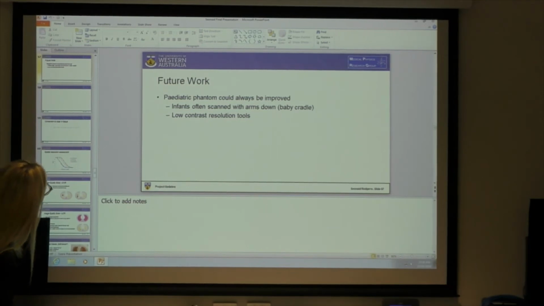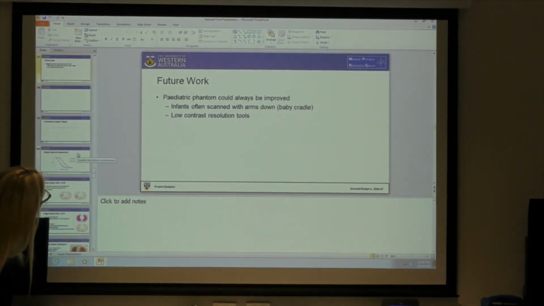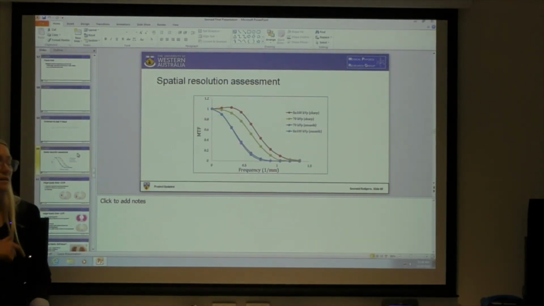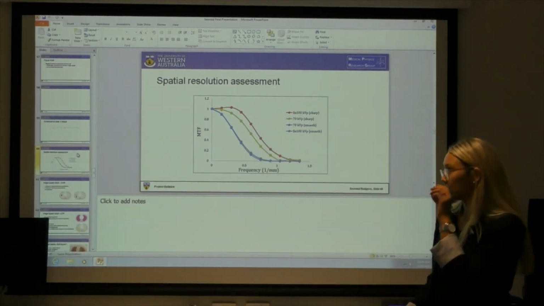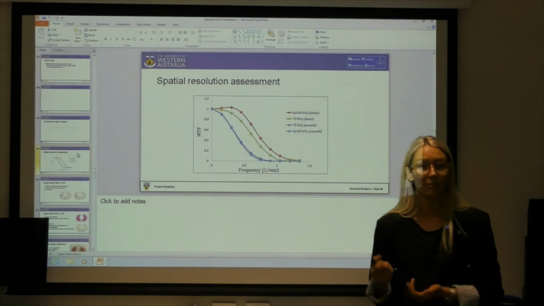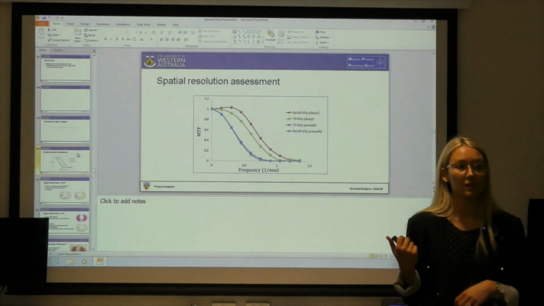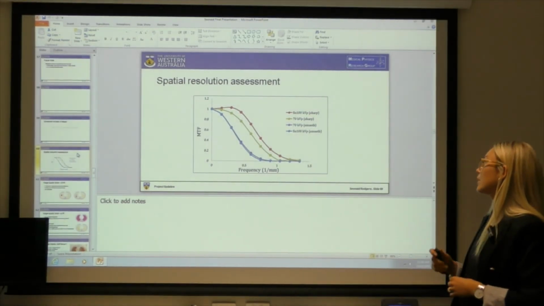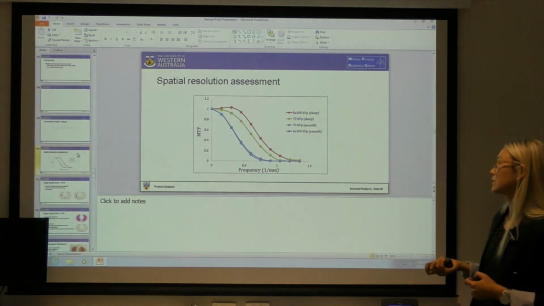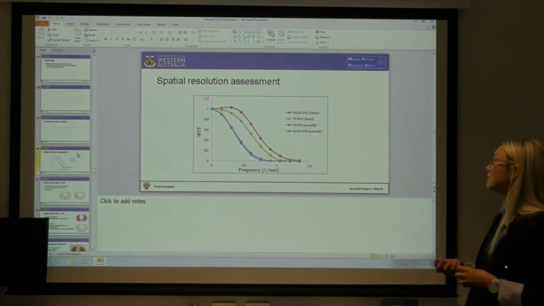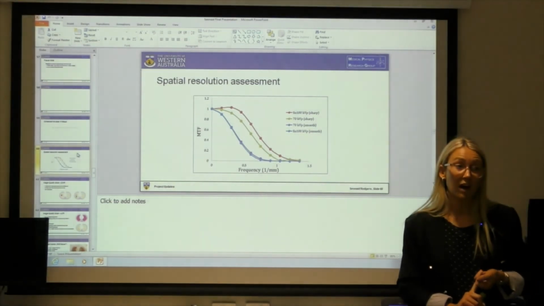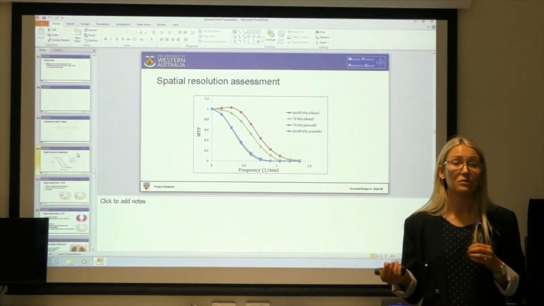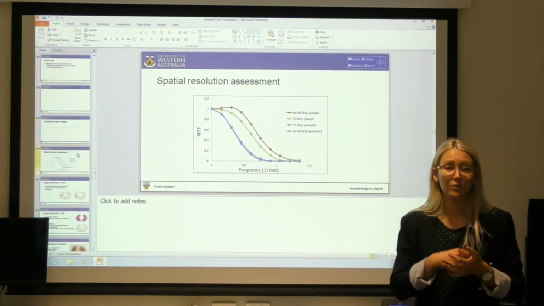Yeah, so the MTF, the wire that was inserted into the lung, I'll come back over here for the video, was actually successful in producing the MTFs of the images. So I've got results for the spatial resolution information from the MTFs. However, I did have to modify the original design, so I couldn't use the cork material to produce the MTF.